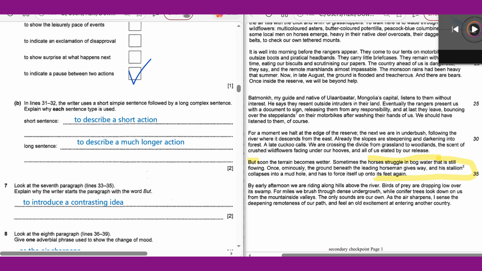Well, to introduce a contrasting idea. This is just a contrast of "all of us elated by our release" and "but soon the terrain becomes wetter." Or you may also say the word but is to link this paragraph with the previous one.